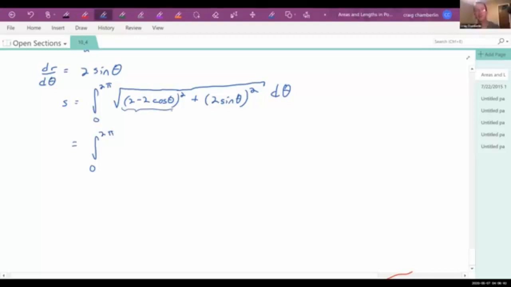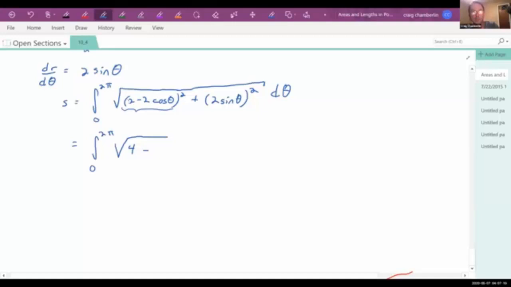Okay, how about we just multiply the whole thing out, though? So it's going to be the square root, and you could do this separately as scratch work if you didn't want to carry the integral symbol around with it. If you multiply this out, it's like a binomial: a squared minus 2ab plus b squared.